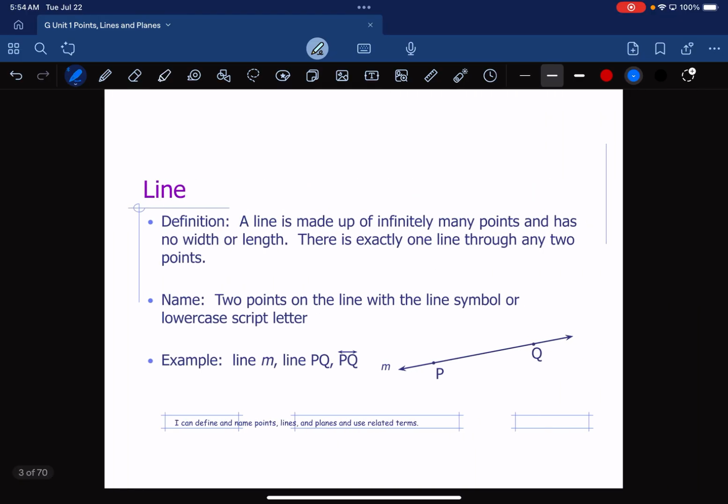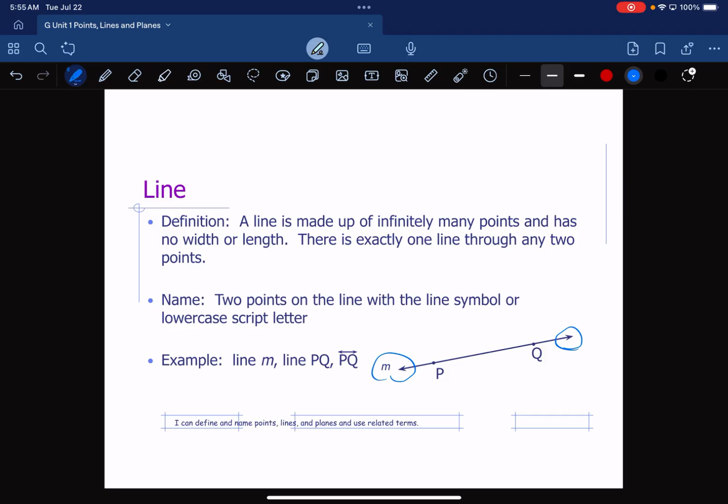A line, well, the definition of a line is it's made up of infinitely many points. It has no width and has no length. And the reason it doesn't have any length is because a line continues forever in both directions. So you notice the arrowheads on the ends of this particular line. That indicates that it goes on forever in both directions.